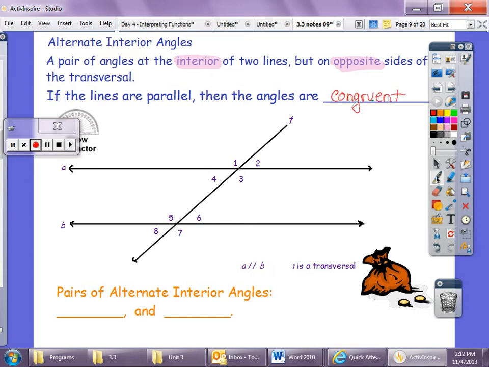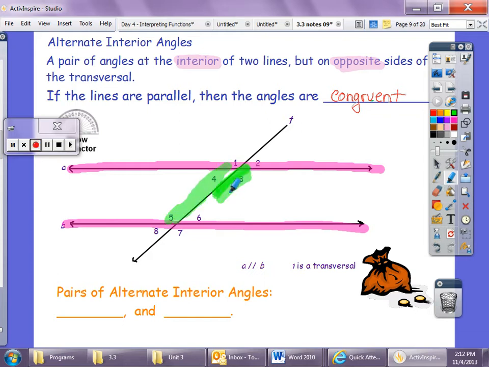So they're on the inside. Well, if we look at our parallel lines, line A and line B cut by the transversal, we're talking about the inside angles. So here's the inside. And then it says they are on opposite sides.